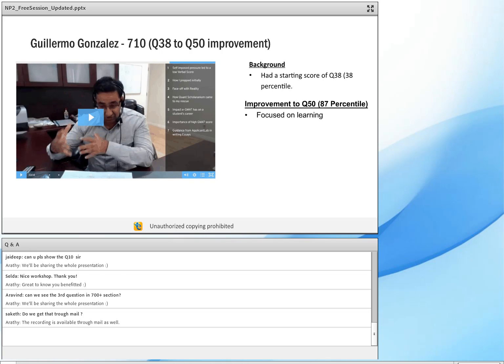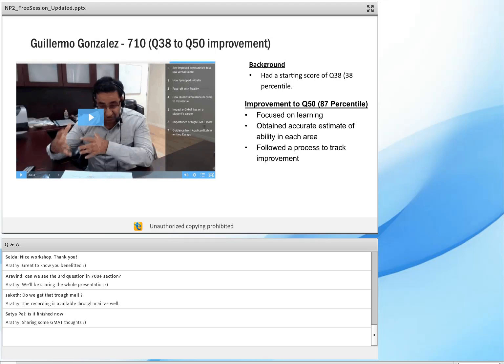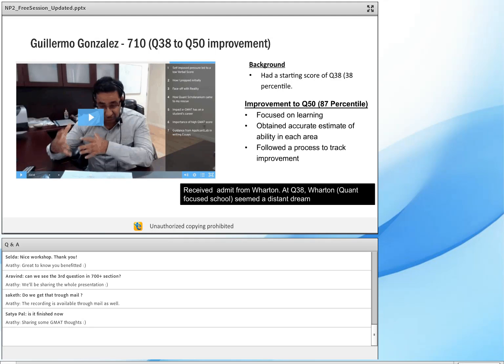The simple focus on, rather than practicing, he focused on learning. And as he focused on learning, he made sure that he focused on one area at a time and increased his ability in that area. So he focused on number properties first, algebra next, word problems, geometry, and then PMC, probability. And then in each of these areas, he tracked his improvement every 30 to 40 minutes overall.